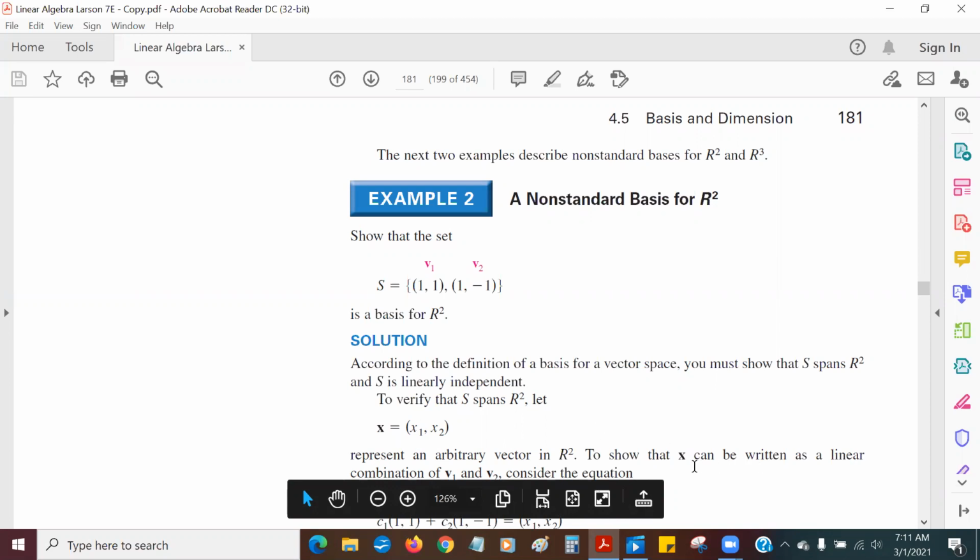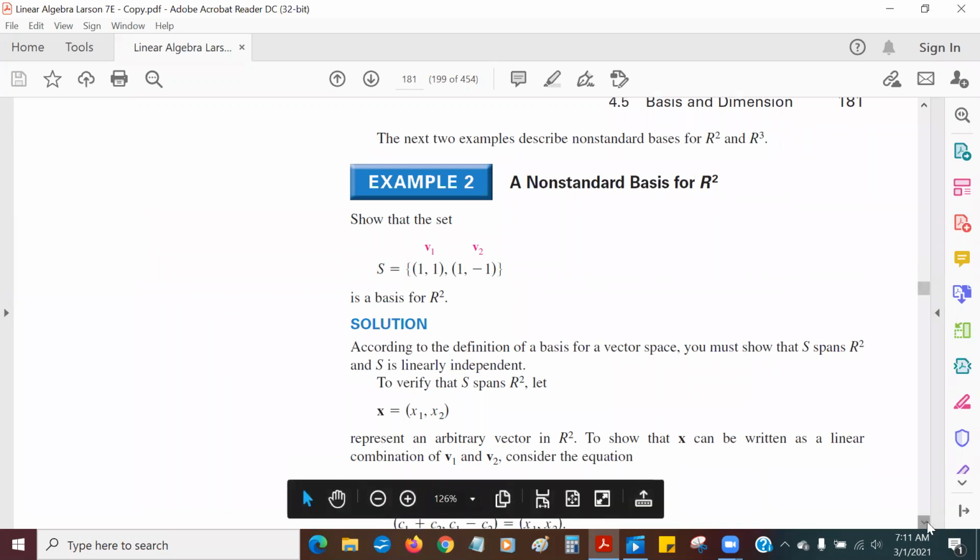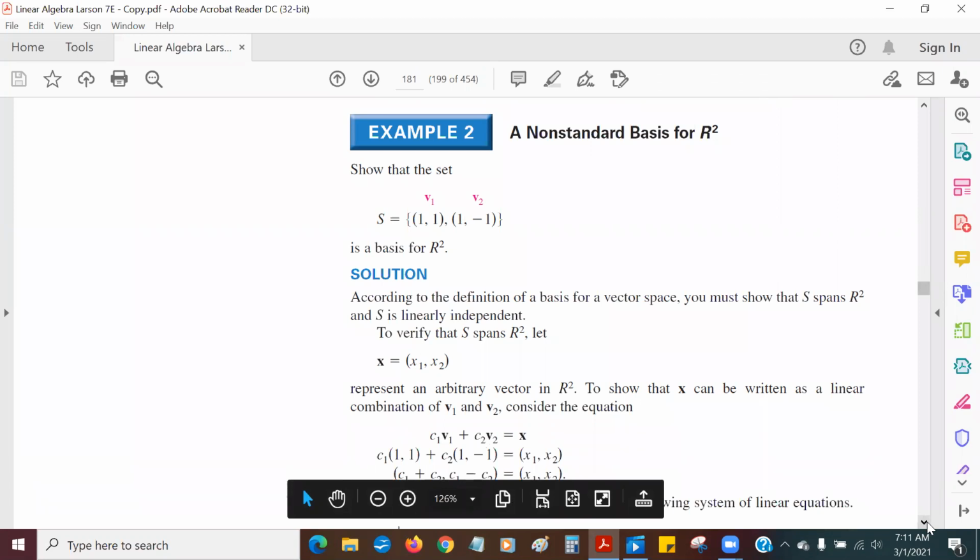We want to show that X can be written as a linear combination of vector 1 and vector 2. If any arbitrary vector can be written as a linear combination of these two vectors, that means the set spans the whole vector space.